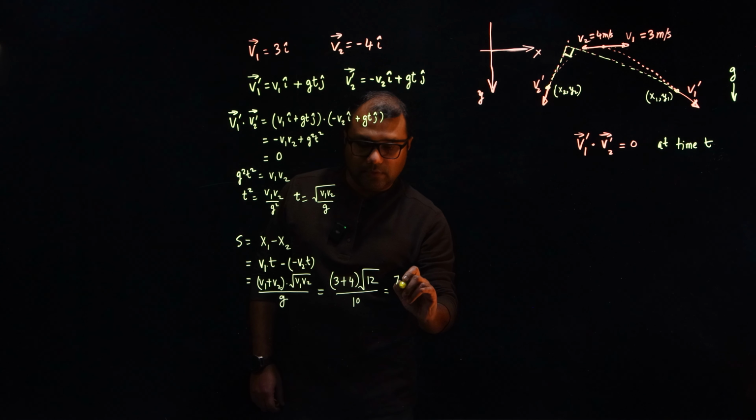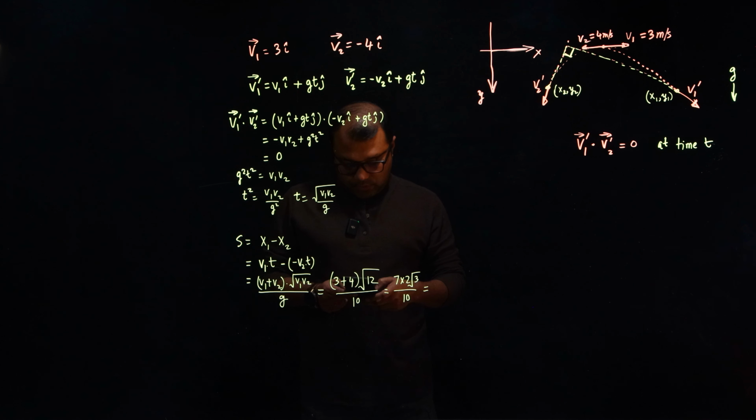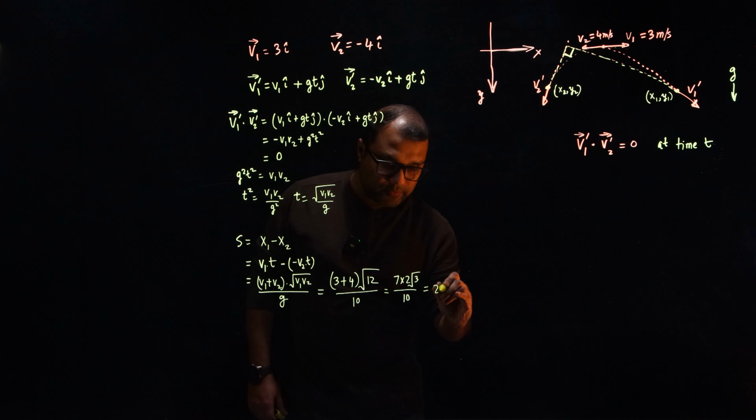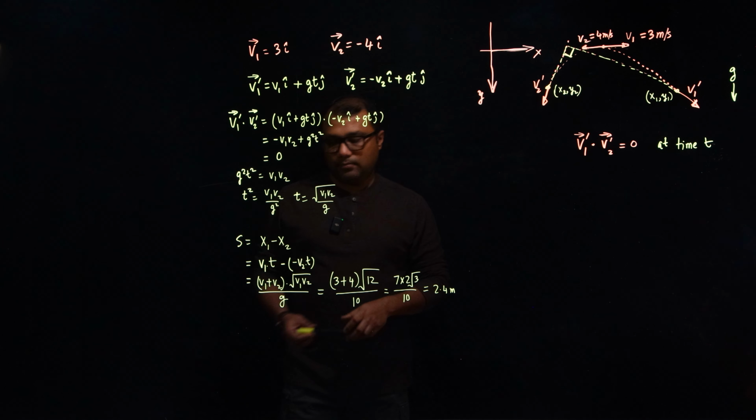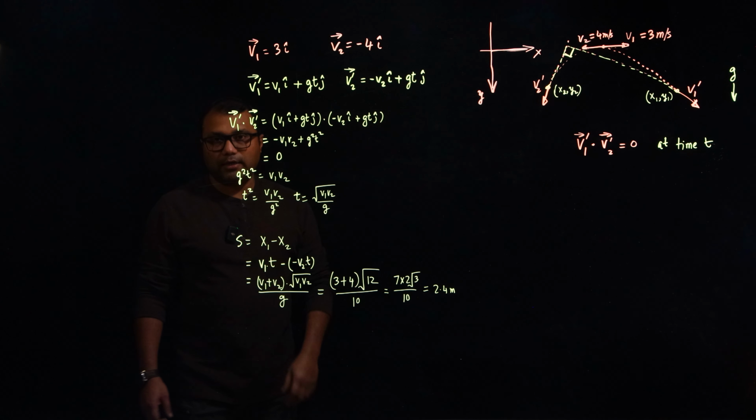So 7 into 2 root 3 by 10, that is, root 3 times 2 into 7 divided by 10. This is 2.4 meter. So that is our answer.